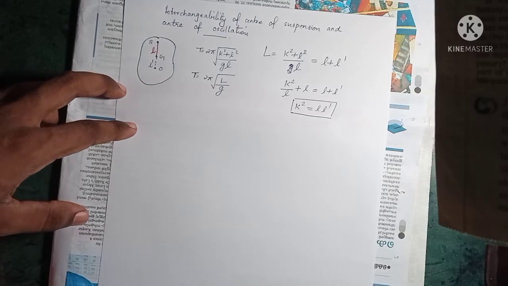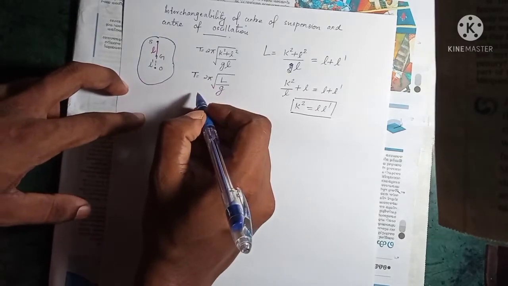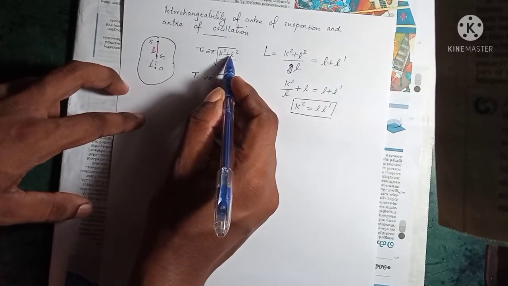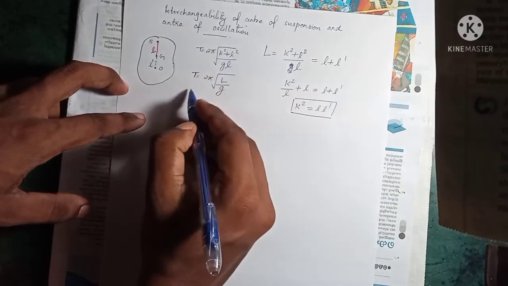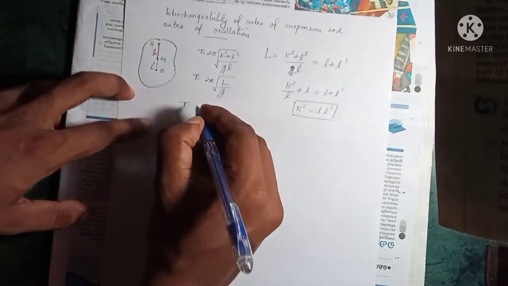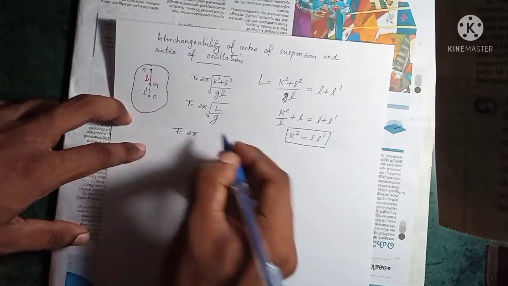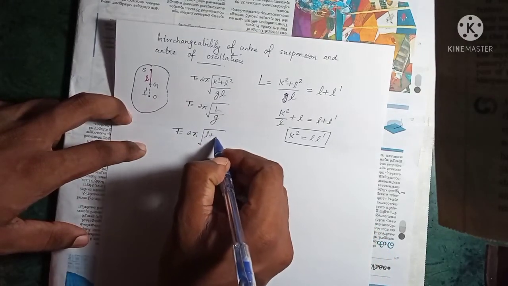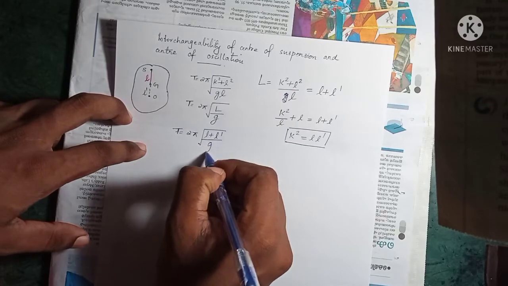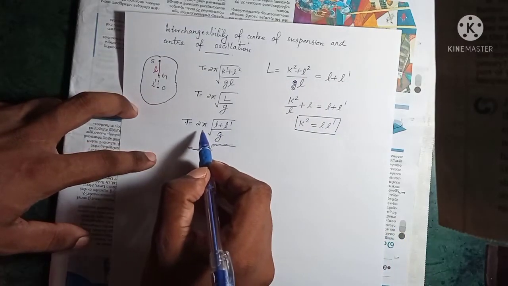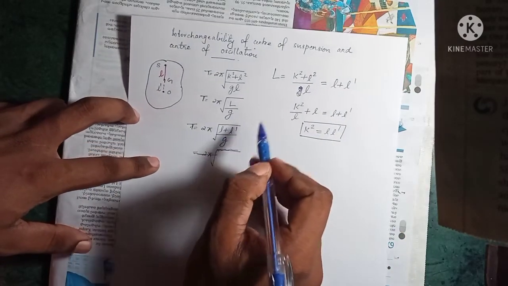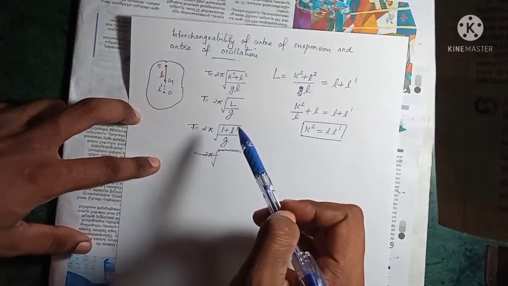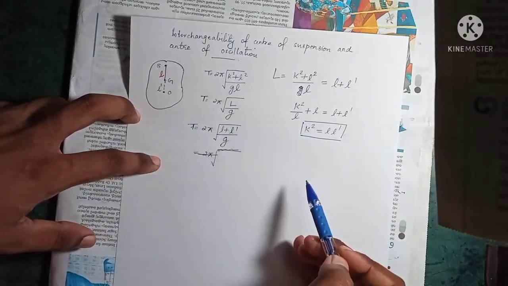And now this can be written in terms of L and L dash: T equals 2 pi root over L plus L dash upon G. So this is the time period of our compound pendulum. So these are different expressions of the time period of the compound pendulum.